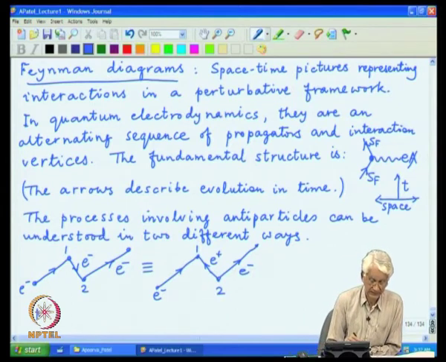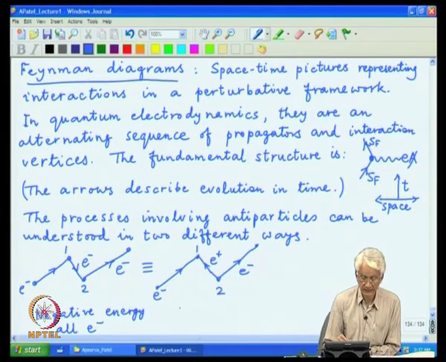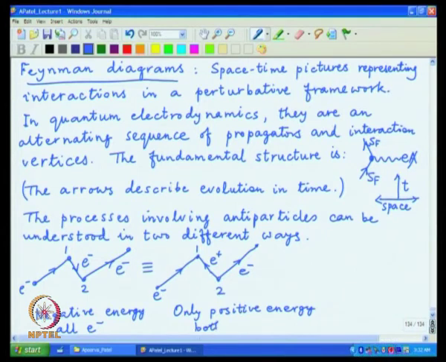Here there is negative energy and all e-, and here there are only positive energy states, both e- and e+.